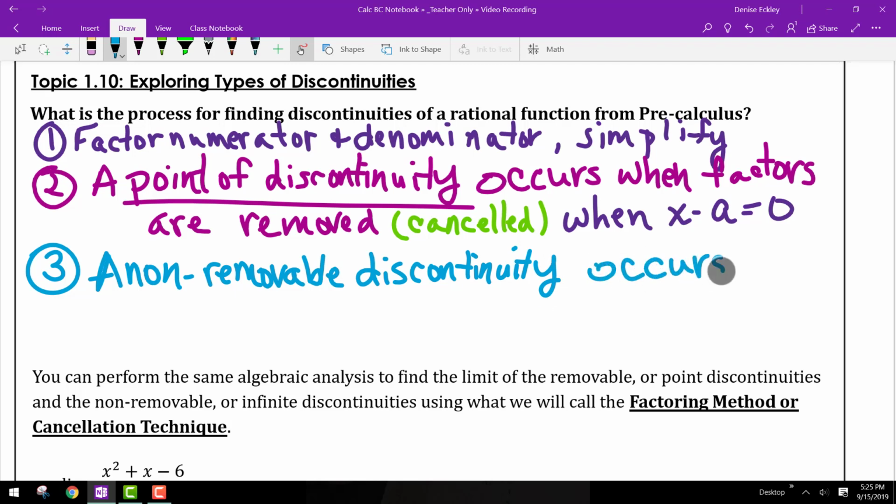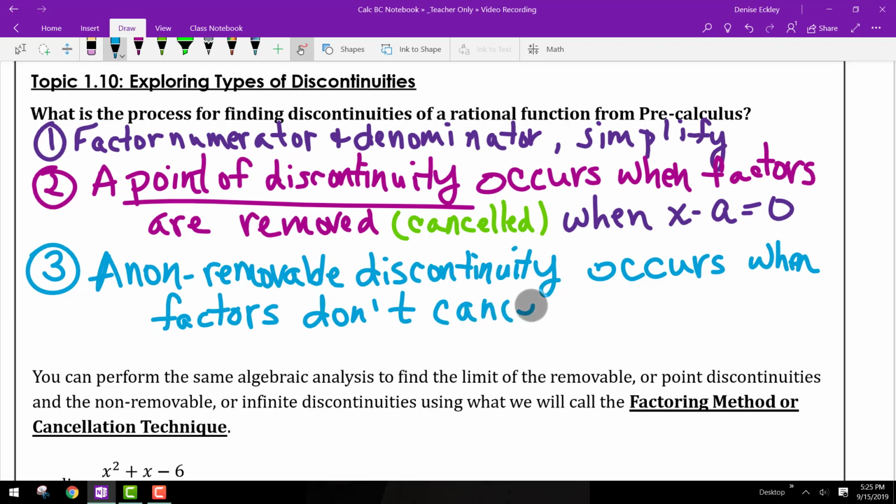So this occurs when factors don't cancel. And so we're left with the situation x minus a is going to equal 0. And that's a bad thing because we're going to have a break in the graph.